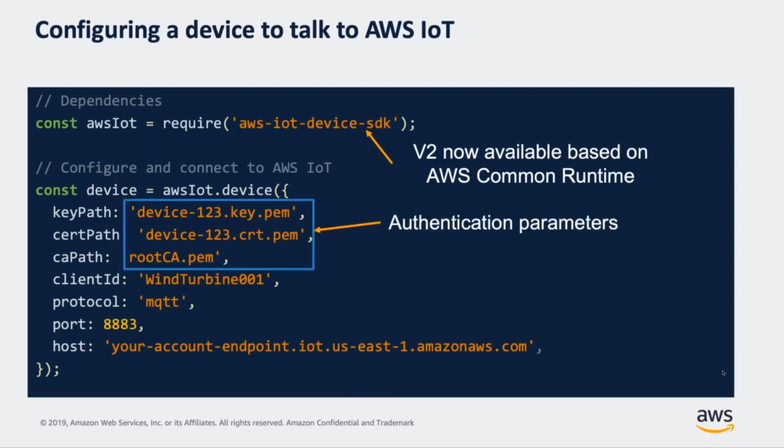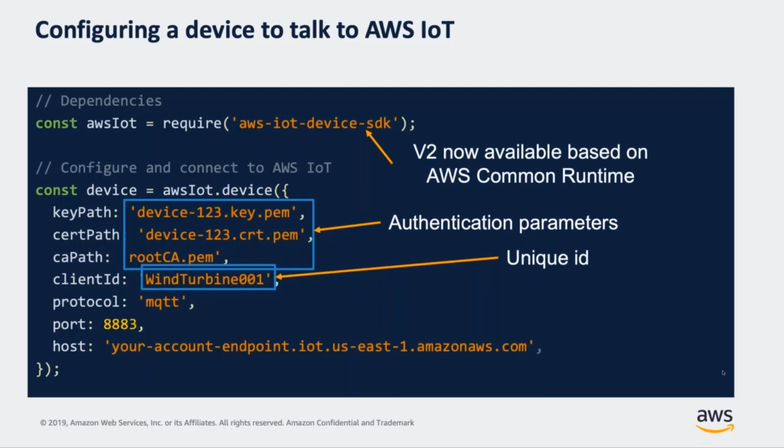The first set of configuration you need to pass to the device object of AWS IoT is authentication parameters. And these are your X.509 certs or keys that you have either generated yourself or you have obtained from AWS IoT. Then you need to specify a unique ID for your device. This is the MQTT specification.